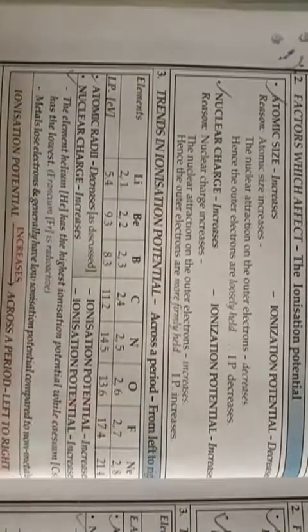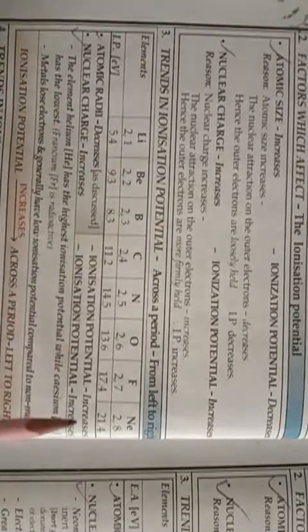Then the third point, trends in ionization potential across a period from left to right. From left to right in a period, ionization potential increases. Okay children, first point, atomic radii decreases when we move from left to right in a period, and that is why ionization potential will also increase.